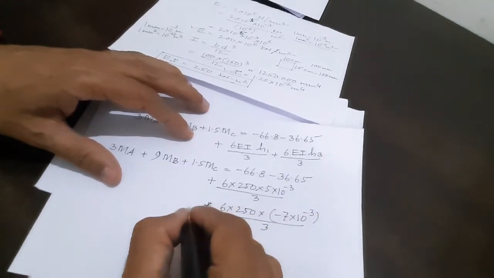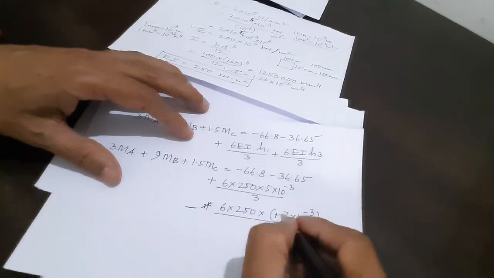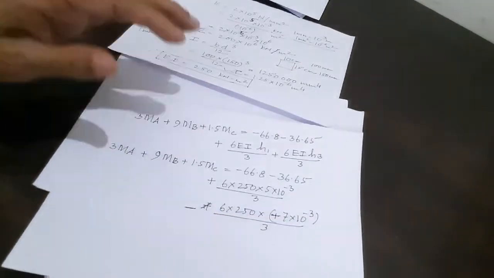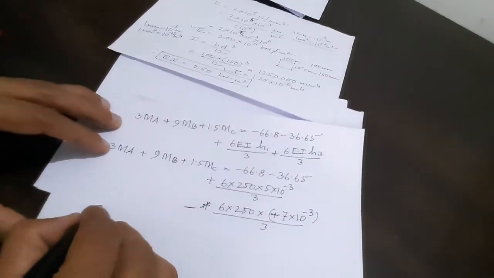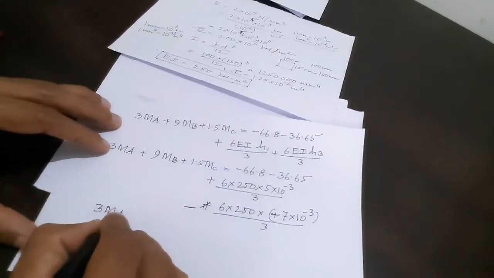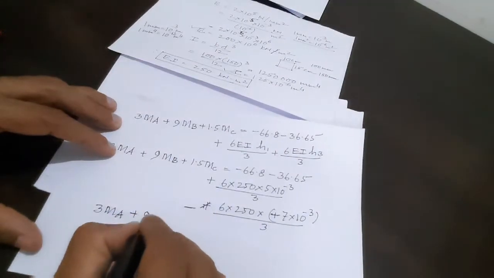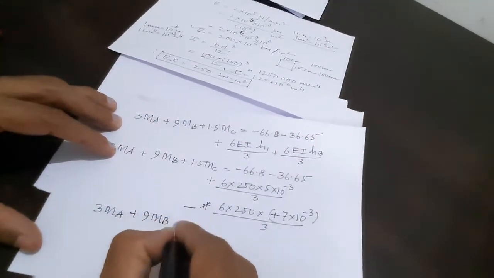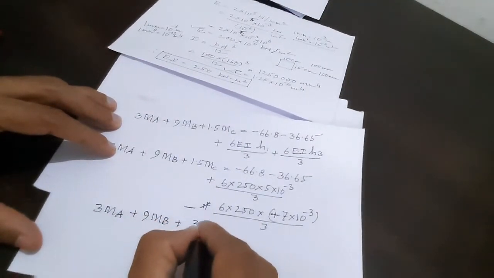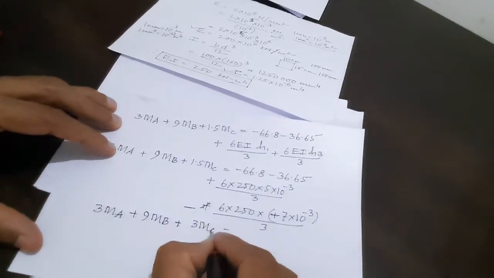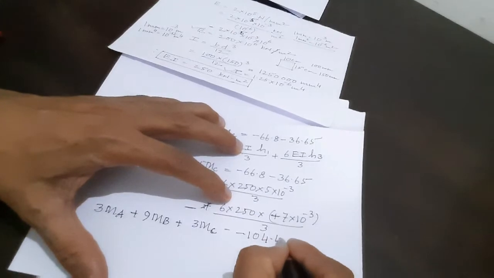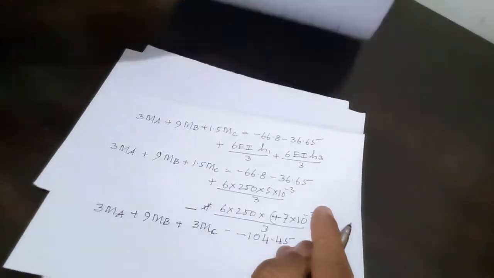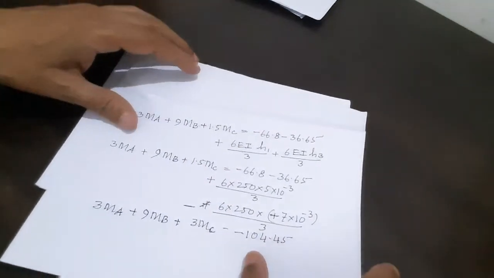So I can just cancel this and take the minus out of the bracket. By calculating this, I am getting the equation 3 MA plus 9 MB plus 3 MC is equal to minus 104.45.